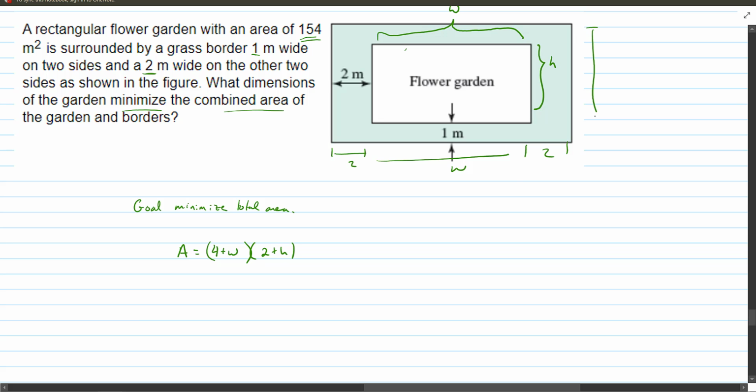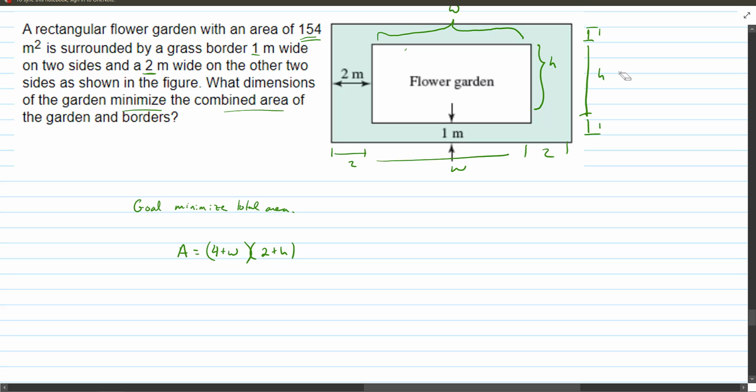And the height is going to be, sorry, that's not quite right. The height is going to be this 1 plus this h plus this 1. So that's how we got 2 plus h for the total height. And for the total width, we had this 2 plus this w plus this 2, which is why I gave 4 plus w for the width.